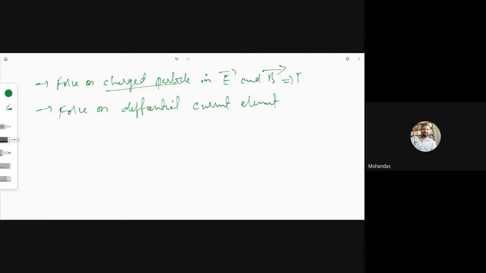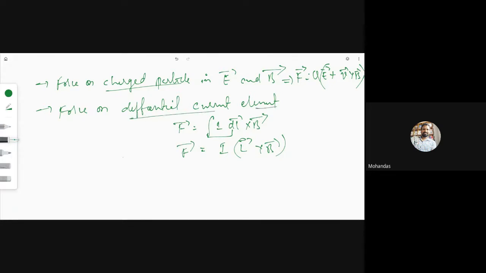Let me write this force. F equals Q into E plus V cross B. Force on a differential current element: F equals integral I dl cross B. This is the force on a differential current element.